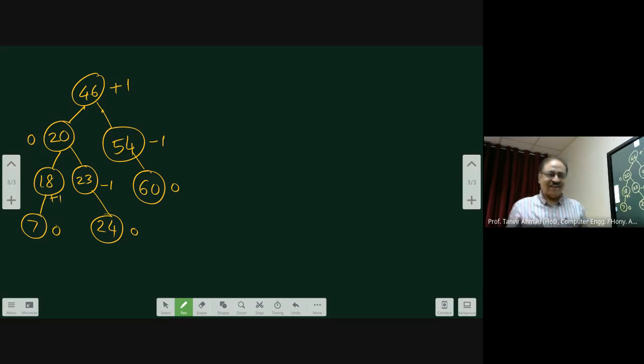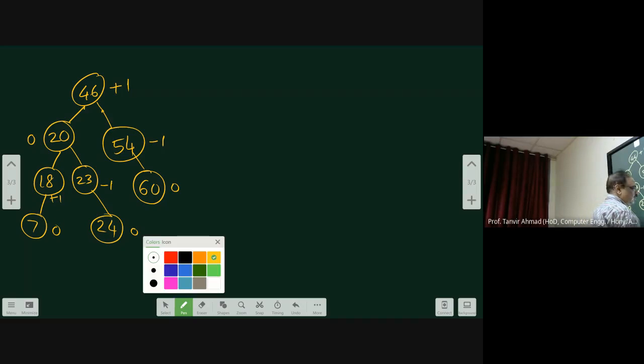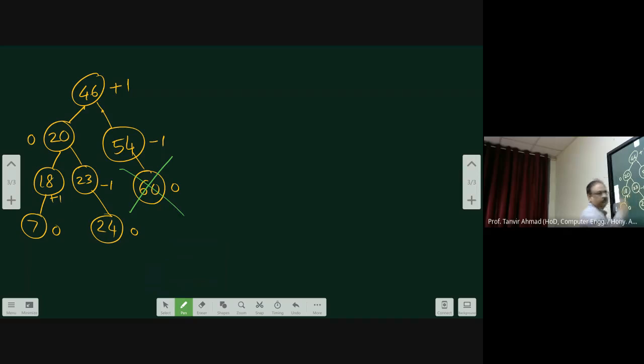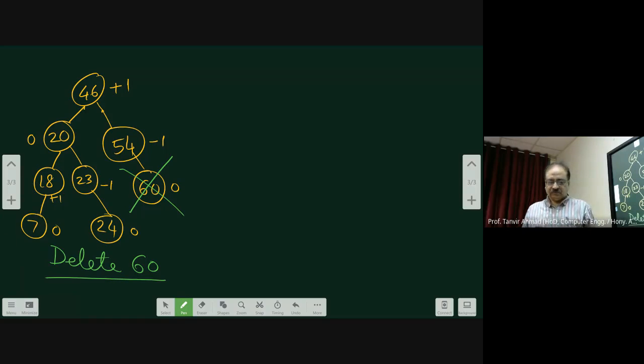Correct? Now what I am going to do, I am going to delete this node. Now what is the rotation?